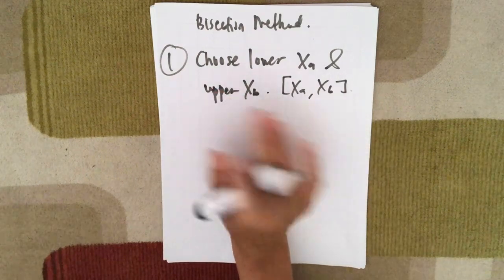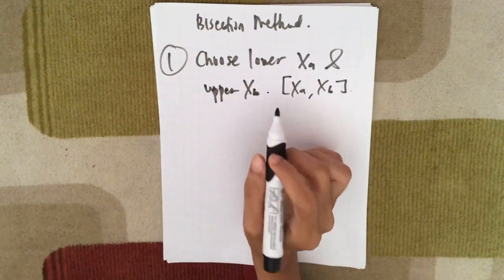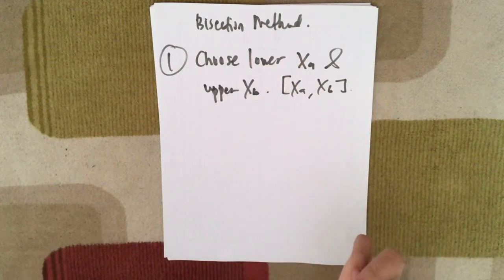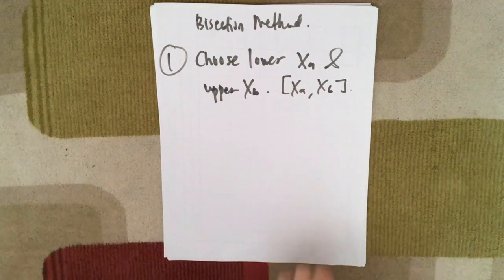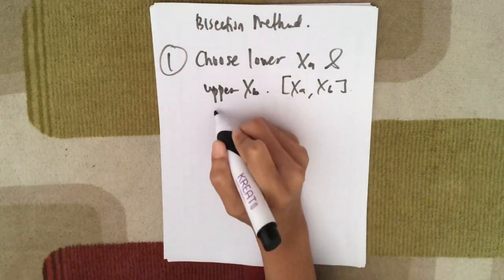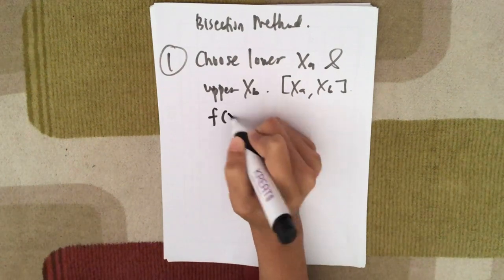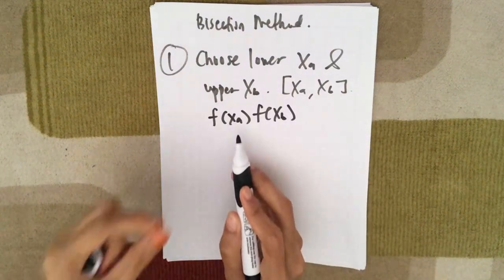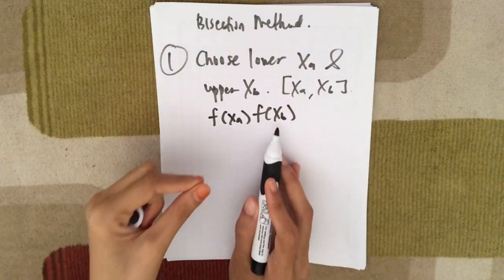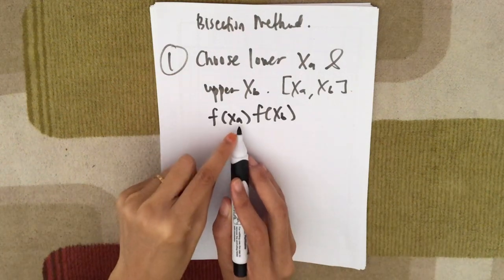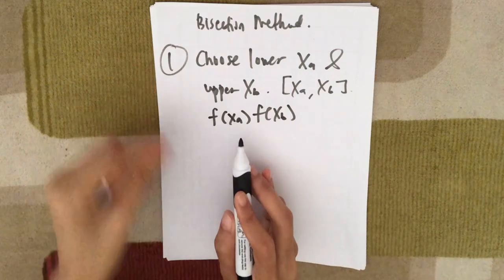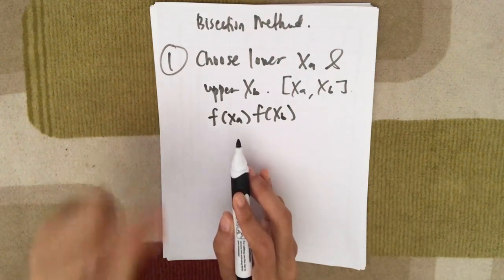After you choose your XA and XB, actually it's not really choosing because it is already given; you just take the values of XA and XB. What we do next is substitute them into your function F, which will be given in the question.